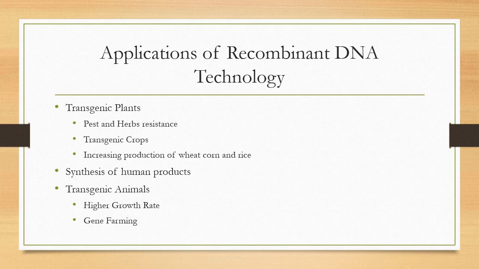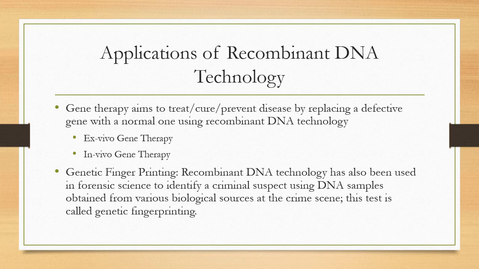And the other most important application of recombinant DNA technology is gene therapy. Gene therapy, the insertion of genetic material into human cells for the treatment of a disorder, is called gene therapy. Gene therapy is used to prevent, treat, or cure disease by replacing a defective gene with a normal one using recombinant DNA technology.